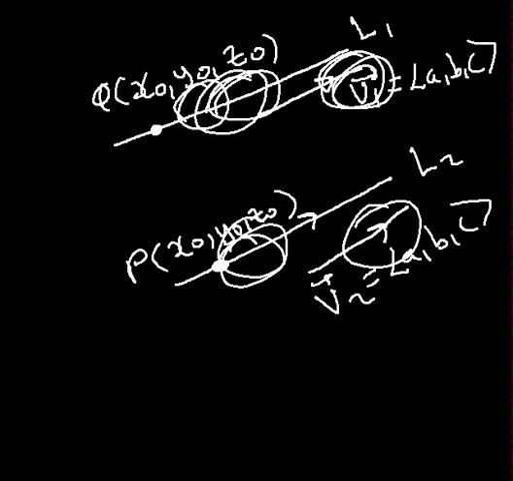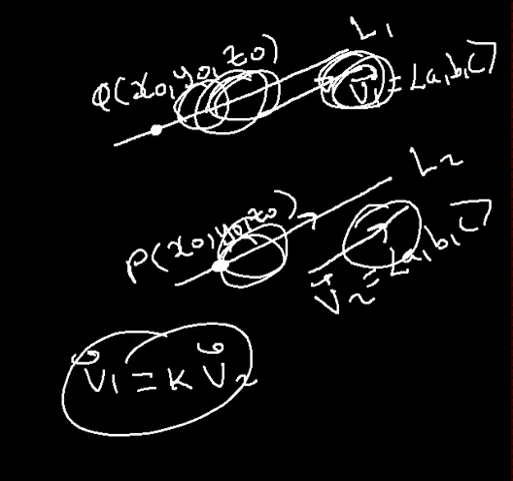Using the principle of parallel vectors, vector 1 has to be equal to a scalar multiple of vector 2. If the lines are parallel, the direction vectors must obey that principle.